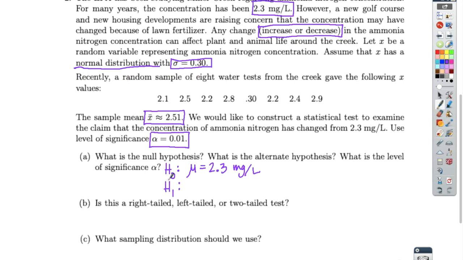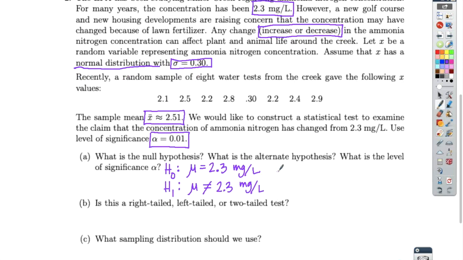They'll have to tell us whether we're testing higher or lower, or either direction. This says any change, increase or decrease, so this is a two-tailed test. We don't want to restrict to greater than 2.3 or less than 2.3. We're just saying if, in either direction, it's not equal to 2.3 milligrams per liter, that is a problem.